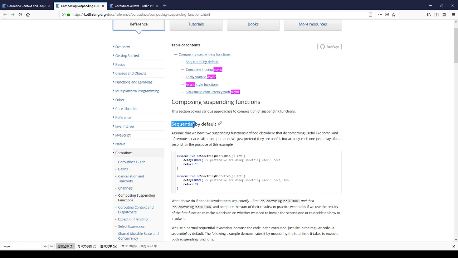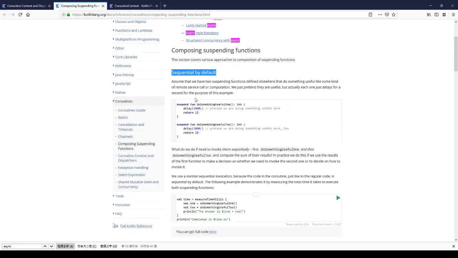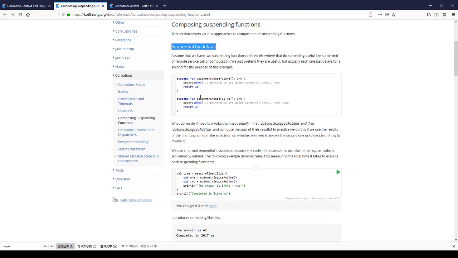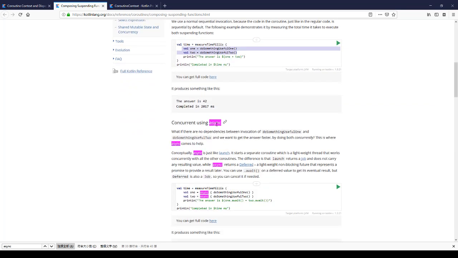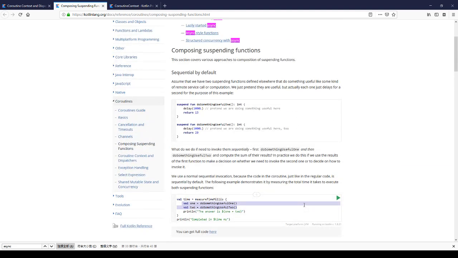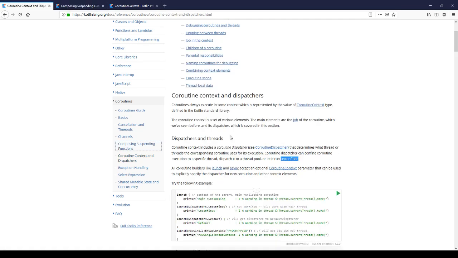Even if we run some suspend functions, they are sequential by default. But with async, we can build a coroutine which is non-sequential. So let's get back to it.